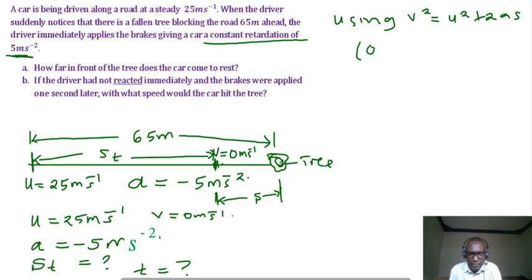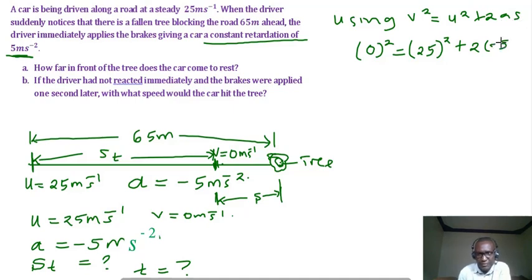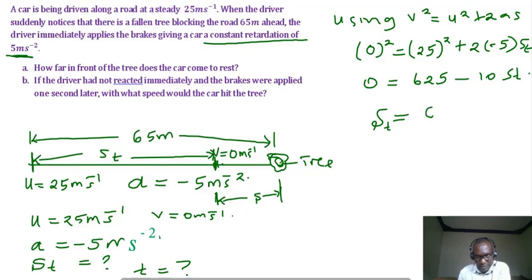V, which is 0 squared, equals u, which is 25 squared, plus 2 times our acceleration, negative 5, times st. That's the distance between here and here, so our aim is to find st. This is 0 equals 625 minus 10 st. When you calculate, st is going to be equal to 62.5 meters.